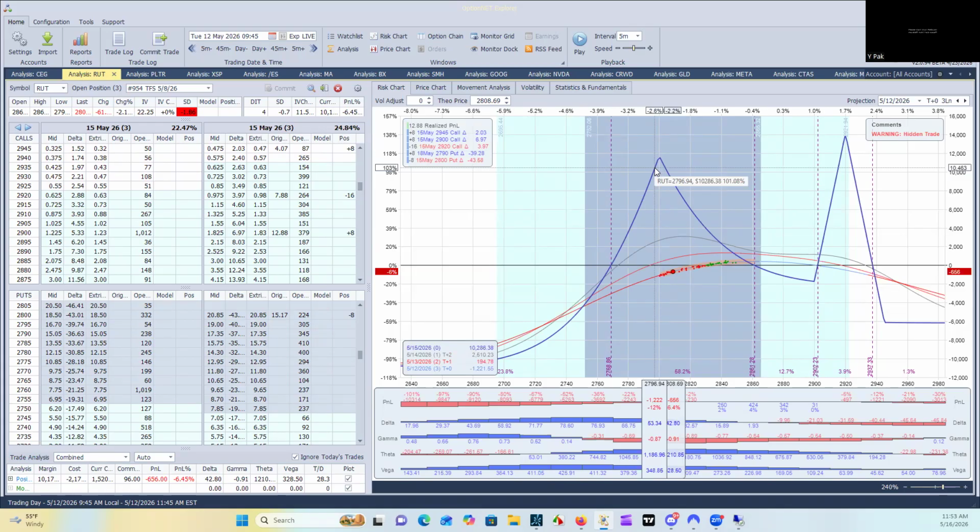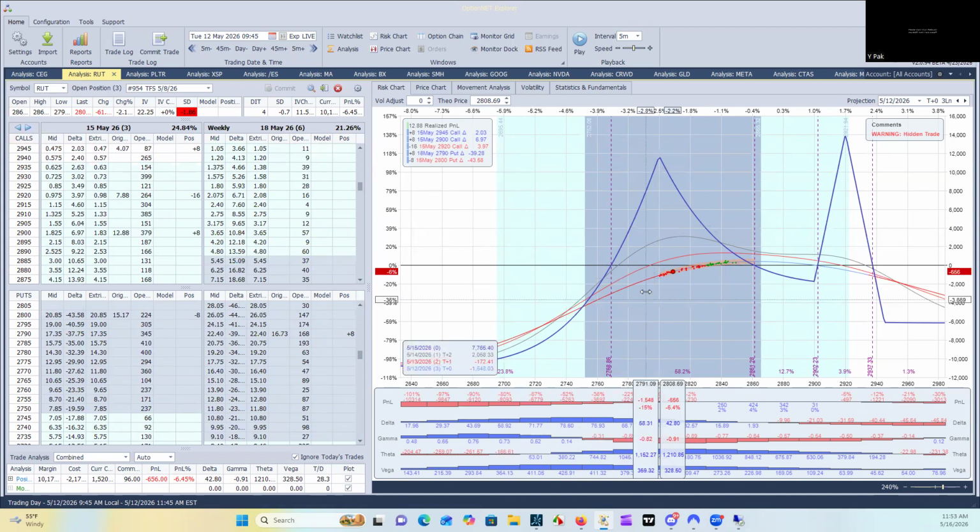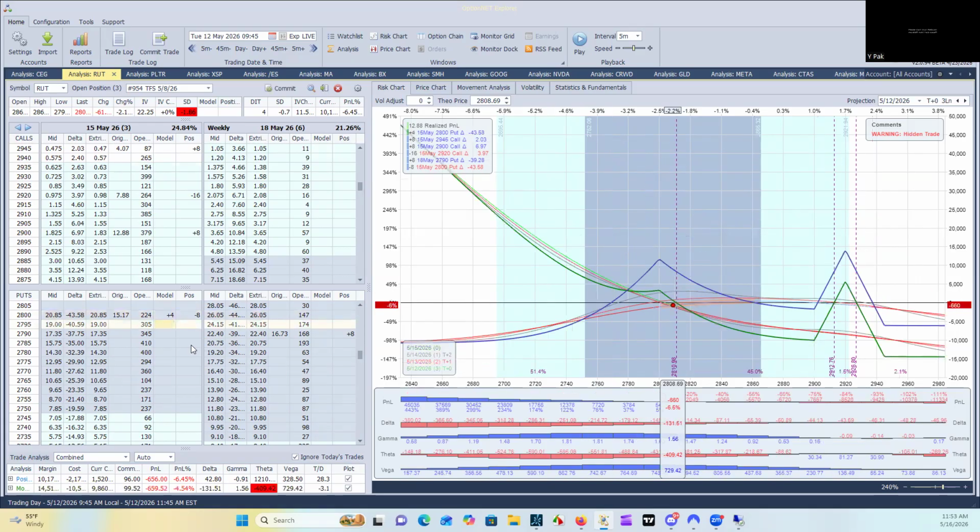But the other option that I was thinking of doing is, instead of doing a calendar adjustment, I'm just going to roll this short strike down, half the contracts down. So essentially you're doing a put debit spread, which is a bearish strategy.